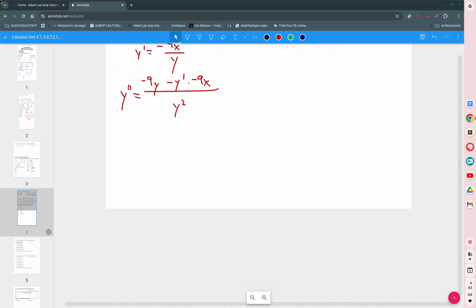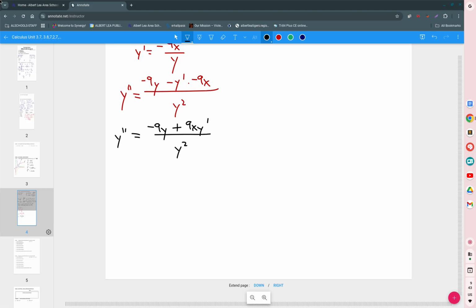So as we gander at this, we have y double prime is equal to negative 9y, and it would then be a plus 9x y prime, over y squared.